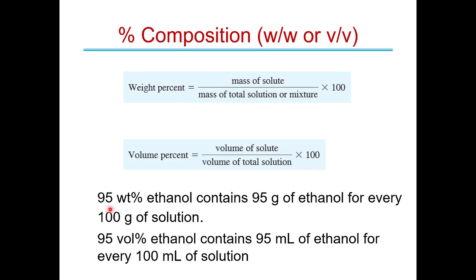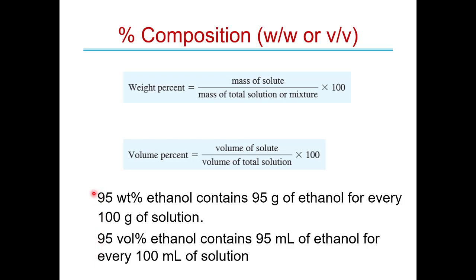So for example, 95 weight percent ethanol contains 95 grams of ethanol for every 100 grams of solution. In this case, the ethanol is kind of like the solvent because it's the major component, and the other component is just the 5 grams that's left over to give you the 100 grams of solution. 95 volume percent ethanol contains 95 milliliters of ethanol for every 100 milliliters of solution.